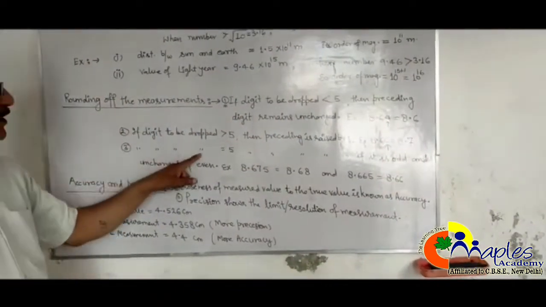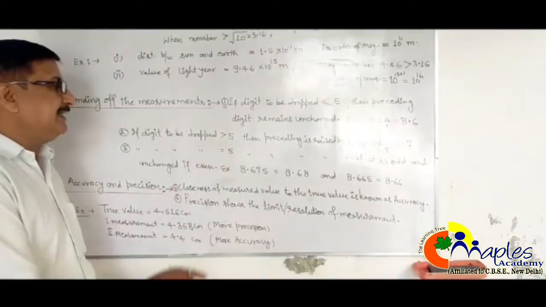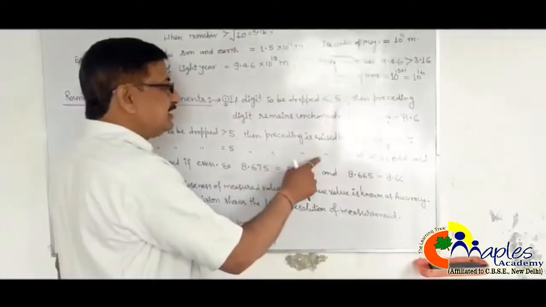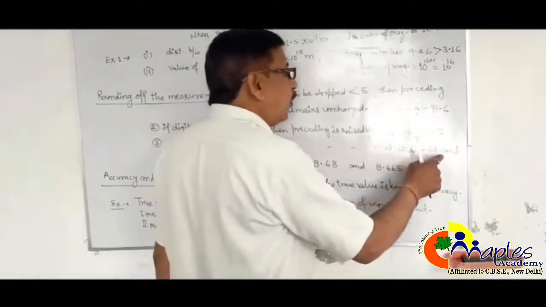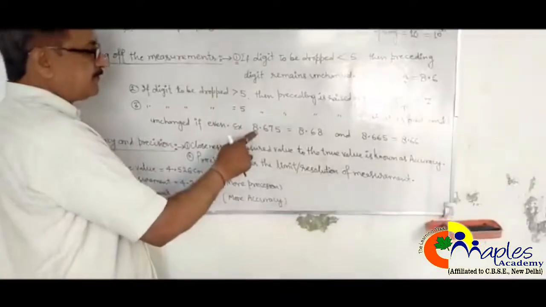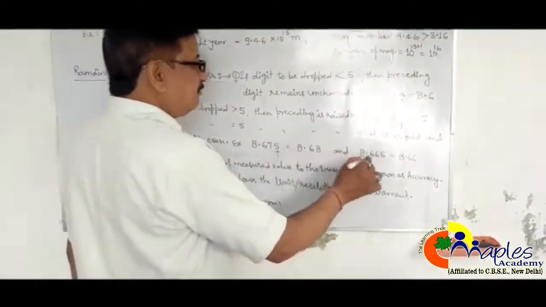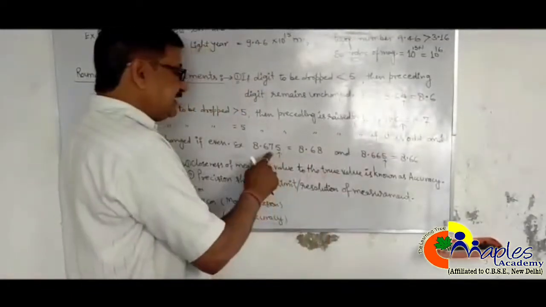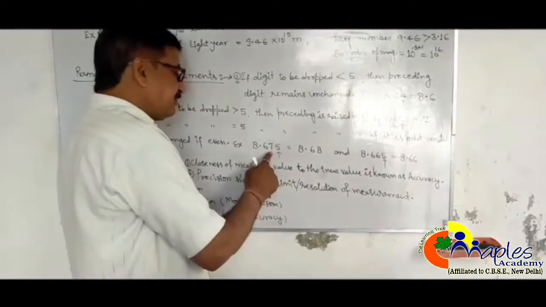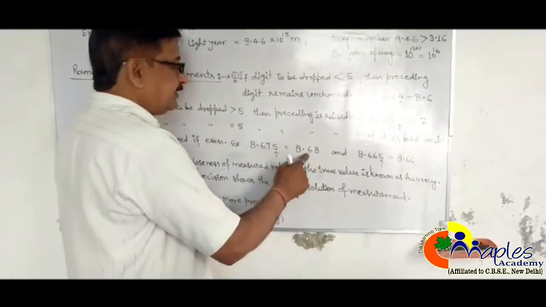If the digit to be dropped is neither less than 5 nor greater than 5, it is exactly 5, then the preceding digit will be raised by 1 if it is odd and unchanged if it is even. For example, 8.675, we will round off 5, and the preceding is odd, so we will increase it by 1, it will become 8.68.